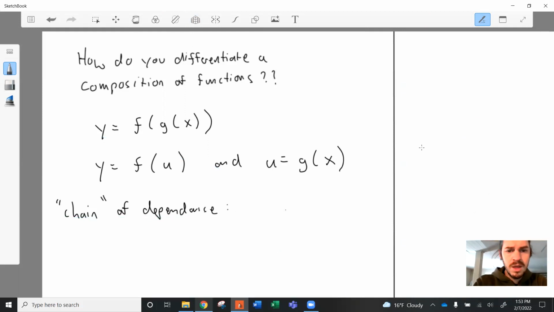Chain of dependence. So what I mean is that the value of the output variable, y, depends on the value of the middle variable, u, which in turn depends on the value of the original input variable, x. So we have this chain of dependence set up with three variables.